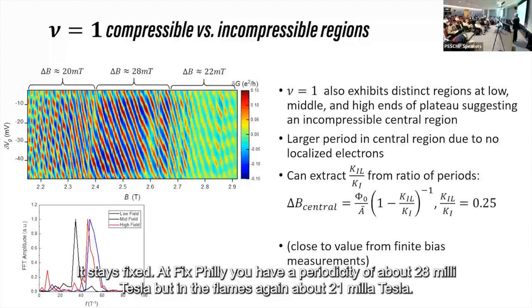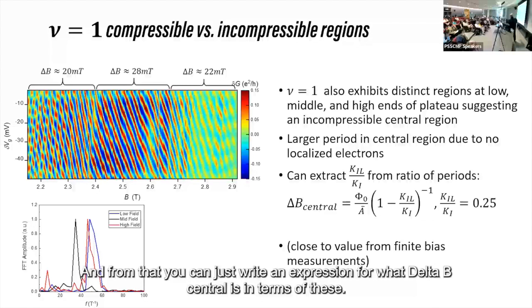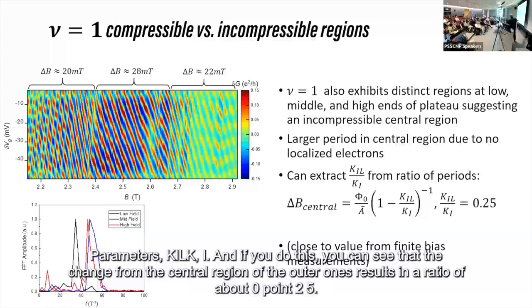The system is not prone to creating quasi-particles. It stays fixed. At fixed filling, you have a periodicity of about 28 millitesla, but in the flanks, again, about 21 millitesla. And from that, you can just write an expression for what delta V central is in terms of these parameters, KIL, KI.